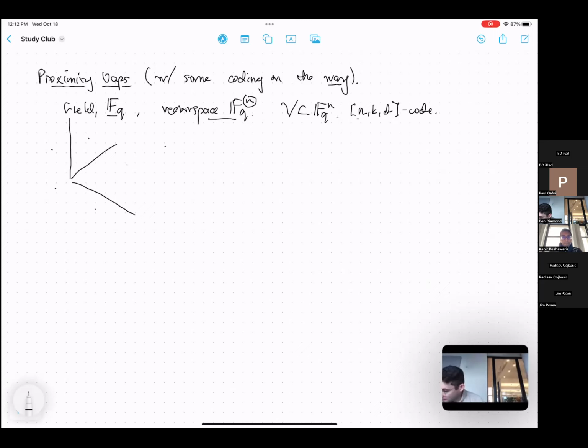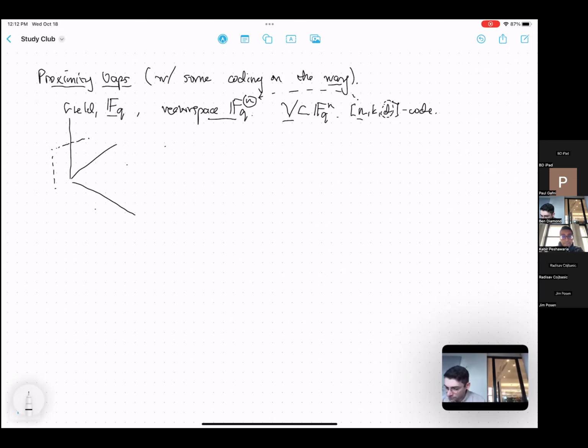I'm going to skip this until we need it, but n, I can say right now, refers to the dimension of the space V lives in. k is V's dimension as an F_q vector subspace, and d is the key coding theoretic part of this. Without d, we only have linear algebra. d refers to how far apart these dots are from each other.